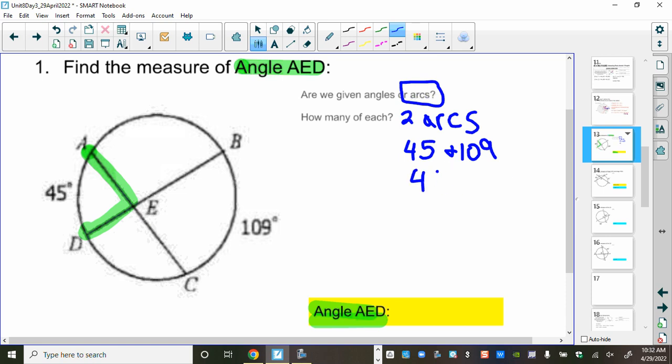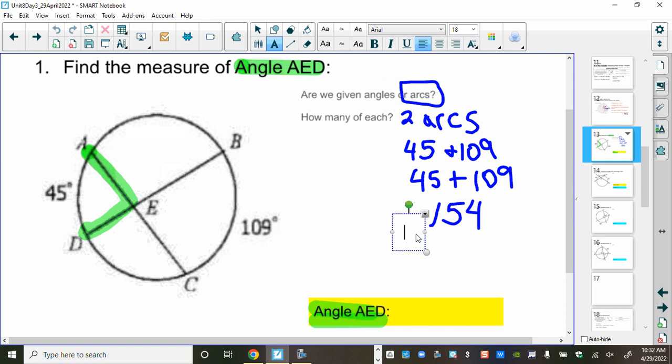45 plus 109 is 154. So is that one arc or the sum of the 2 arcs? That's the sum of the 2 arcs. Good.